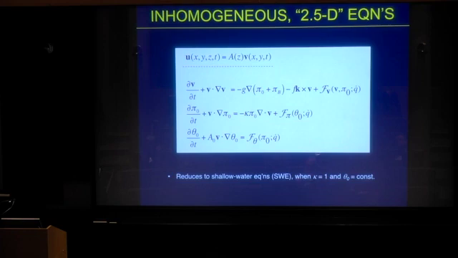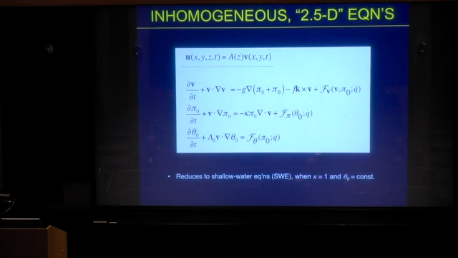Okay, so here's one way to reduce it down. You essentially take a vertical average of all the fields, you decompose it into vertical and horizontal parts. It's a standard technique. And you run through the equations, and what you end up with is essentially a compressible 2.5 dimensional set of equations.